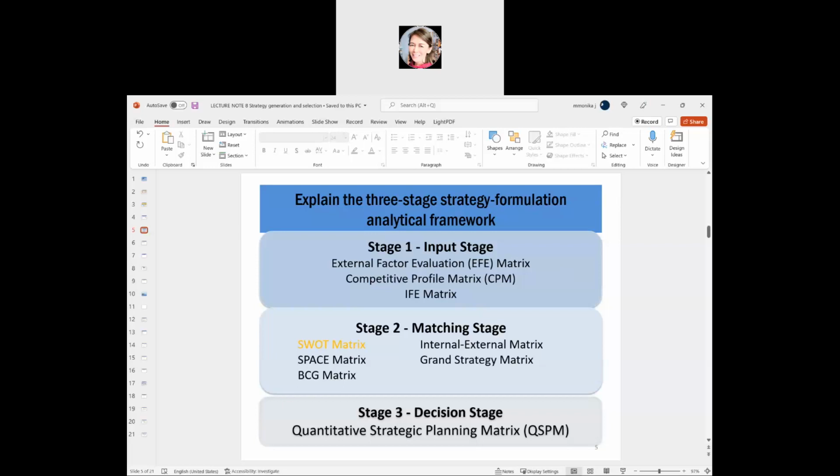So in your assignment, you need to consider yourself as a strategist, because you will be evaluating the external factors, evaluating the internal factors of the organization, and also having to do the competitive profile matrix.